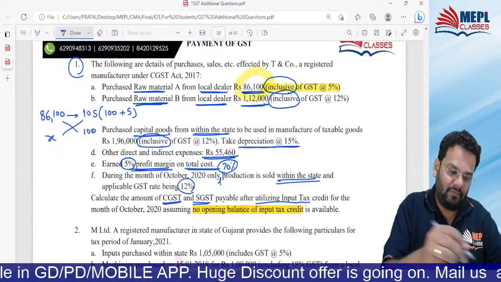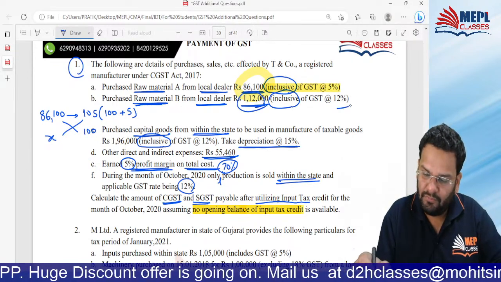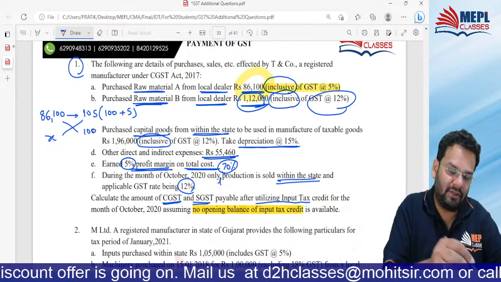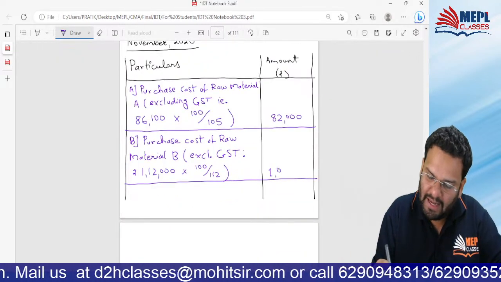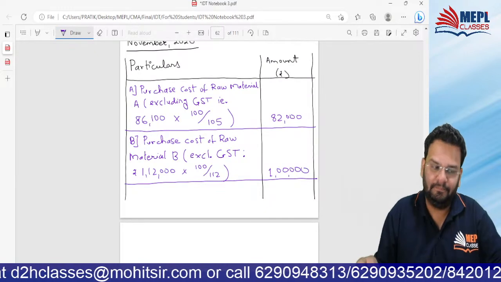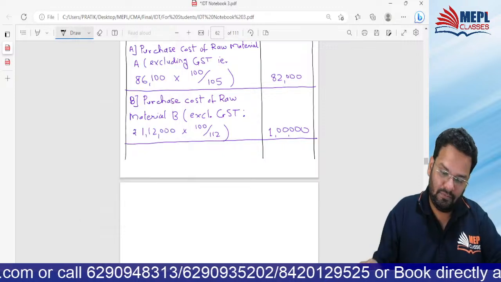Okay, check. 1,12,000 including GST of 12%. So you are going to get 1 lakh. Okay. C point. Continue.